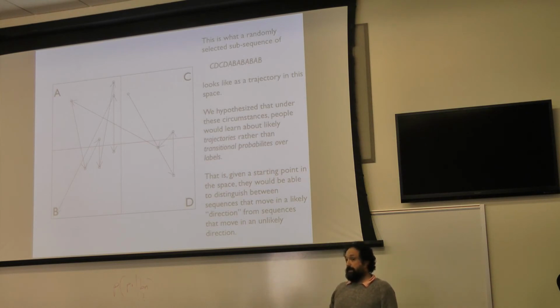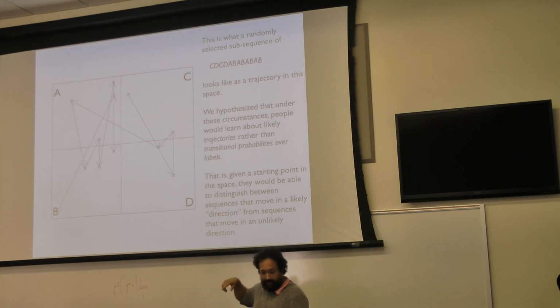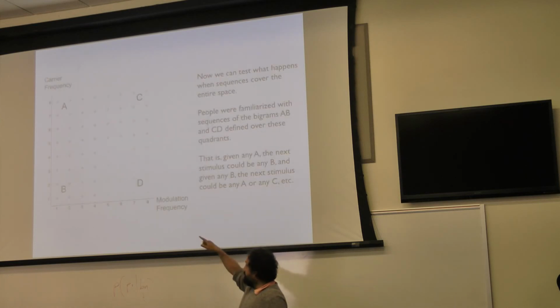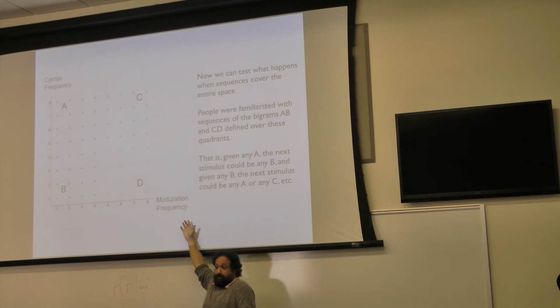But you could, right? If you just draw this line, and say, these are the A's, these are the B's, these are the C's, these are the D's, you absolutely can compute that, right?